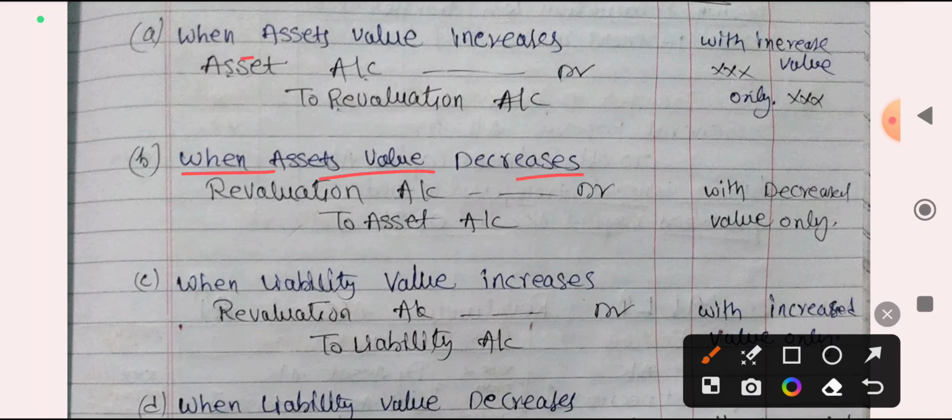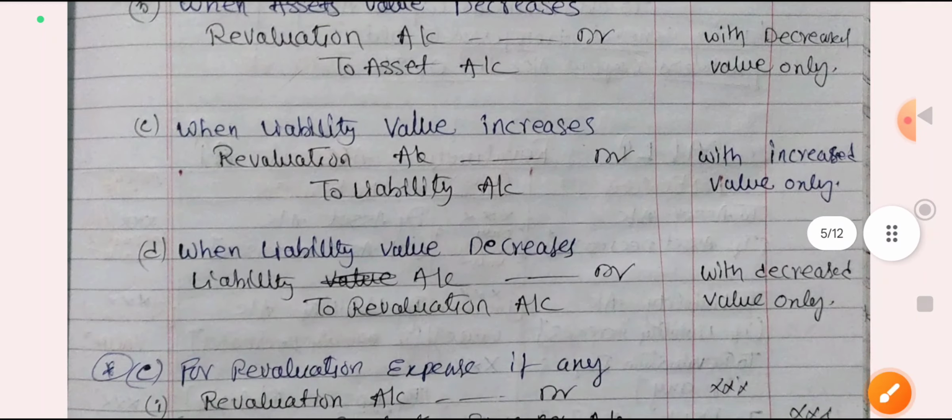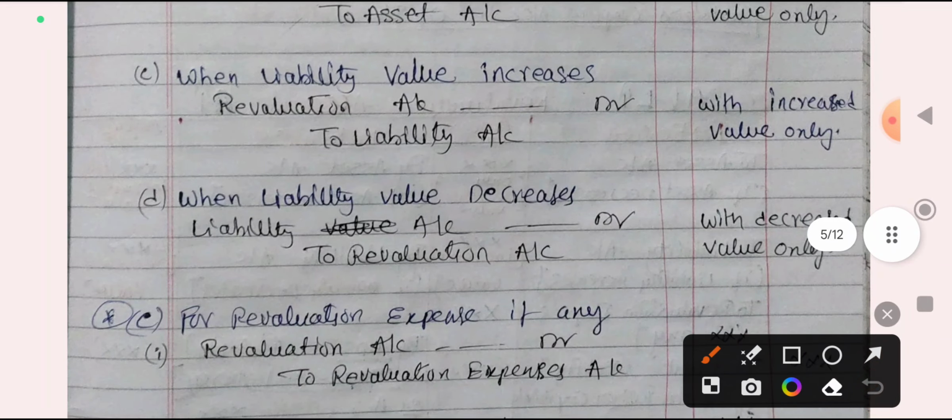When asset value decreased, revaluation account debit to asset account with the decreased value. Next, when liability value increased, revaluation account will be debited to liability account. Any new liability, suppose there is an unrecorded liability बोल के बोलते, now you record through revaluation to liability account.